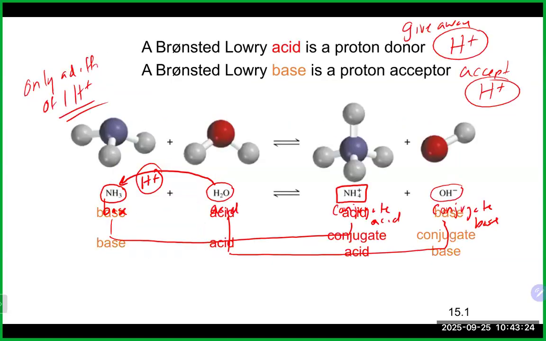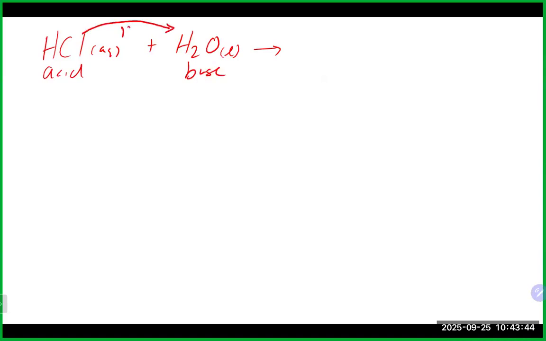So we also saw, for example, earlier we included the water in our dissociation of our strong acid here. And again, in this case, this is going to be my acid. This is going to be my base. And the HCl is going to send, again, the H plus over to the water.